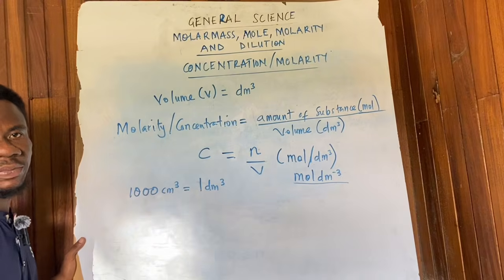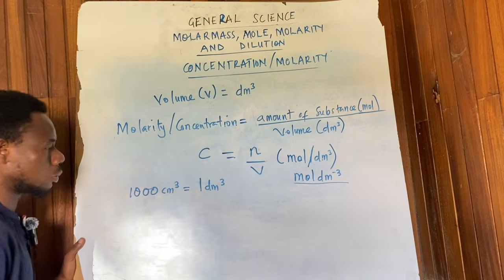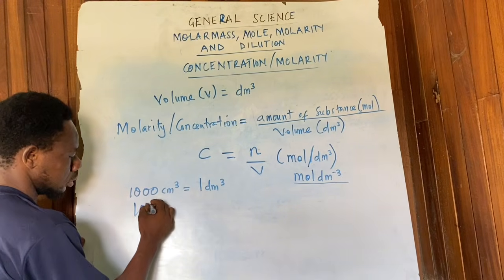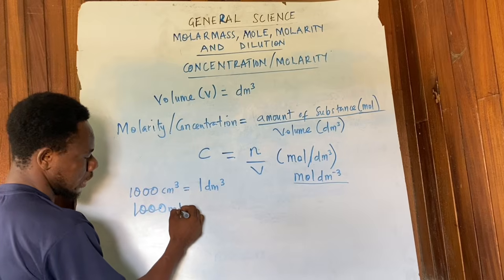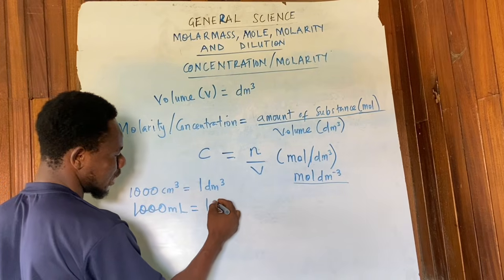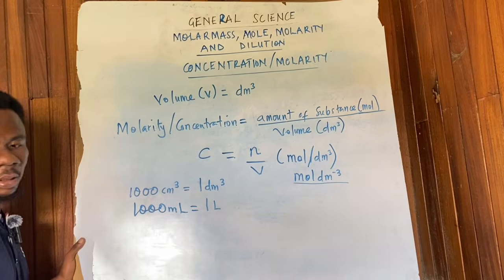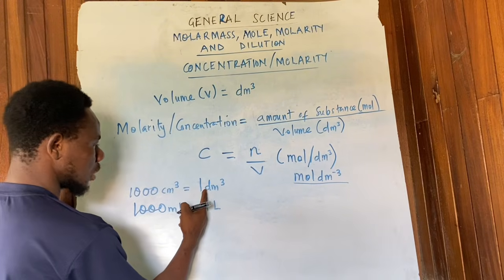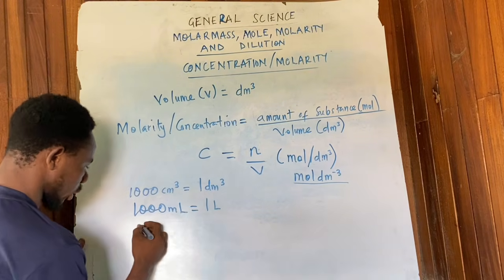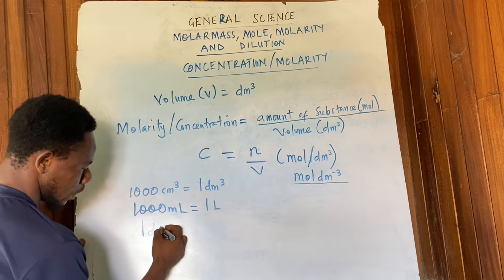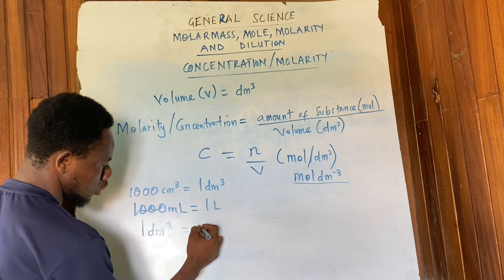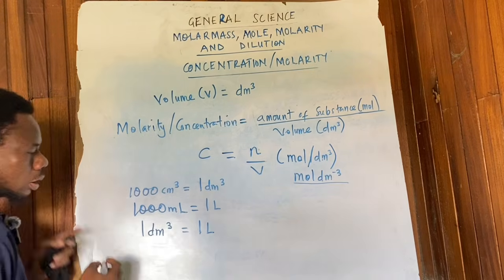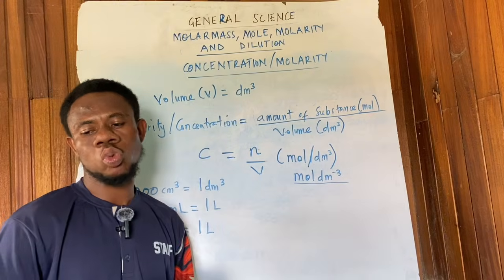Then 1000 milliliters is equals to 1 liter. At the same time, 1 decimeter cube, 1 dm cube, is equals to 1 liter.